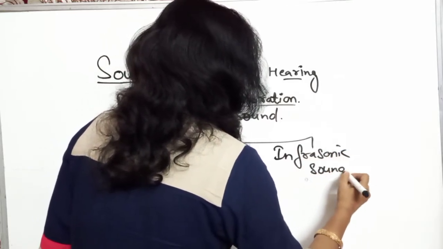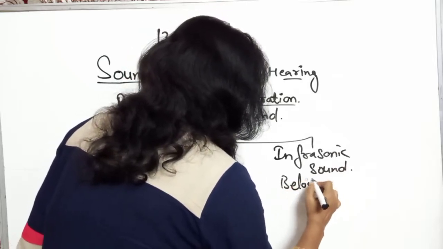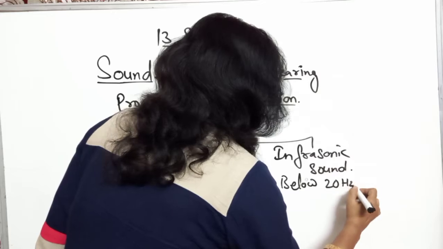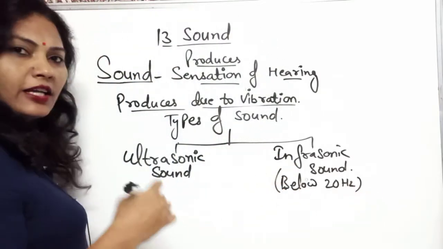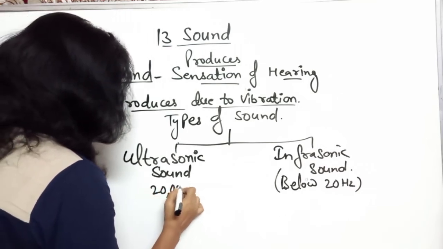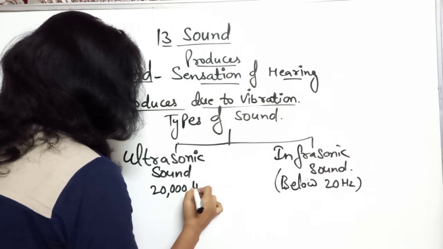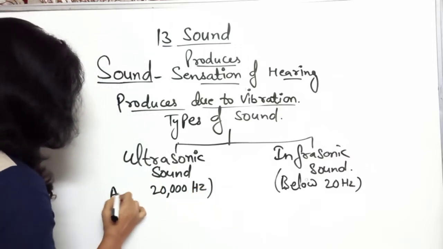The sound which is below 20 hertz is infrasonic sound, and the sound which is above 20,000 hertz is known as ultrasonic.